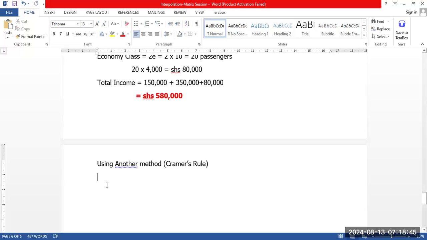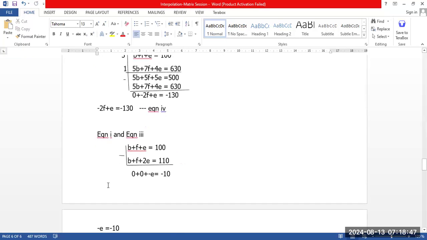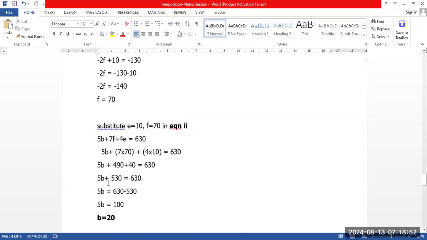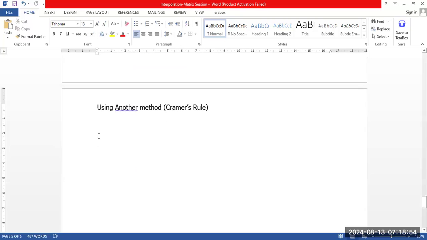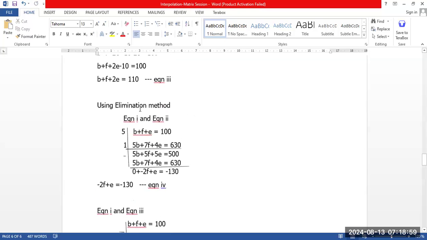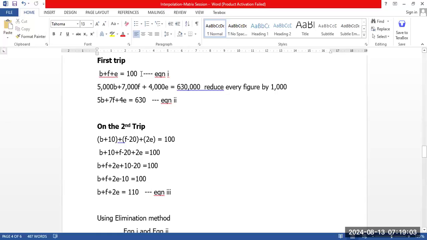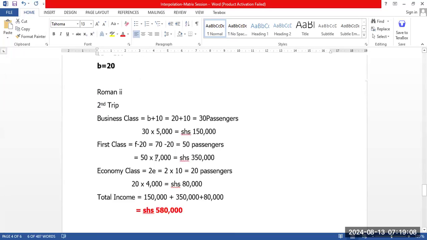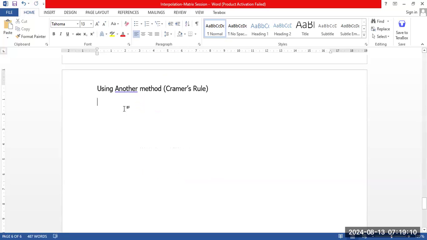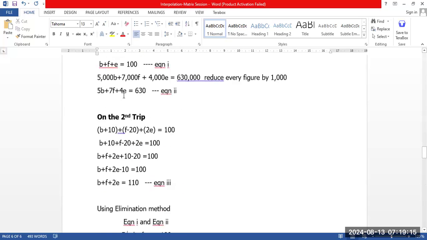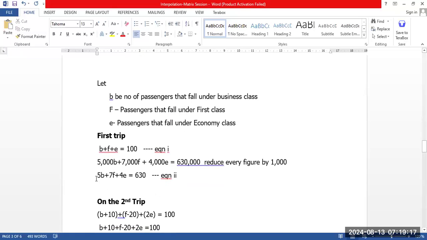So, already we have our equations. We have equation 1. Equation 1 was what? This is our equation 1. Then this is our equation 2. Those colleagues, they can ask you to use Cramer's rule.